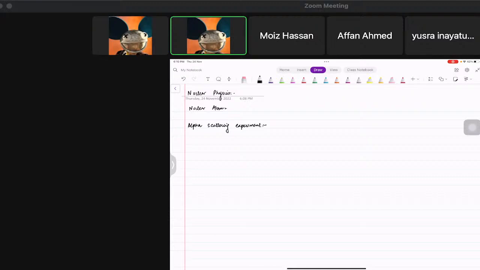In an alpha scattering experiment, the other name for this experiment is also the Rutherford experiment. So don't be confused if something like that comes.